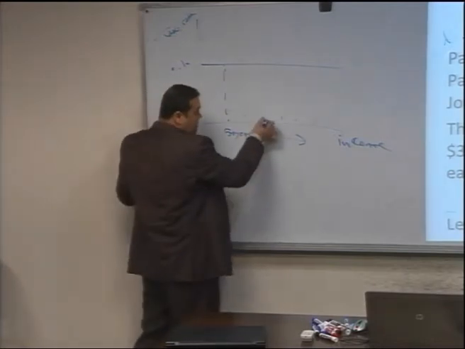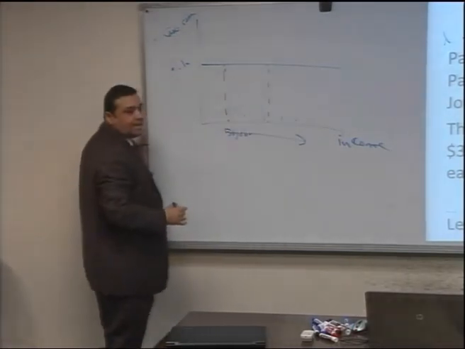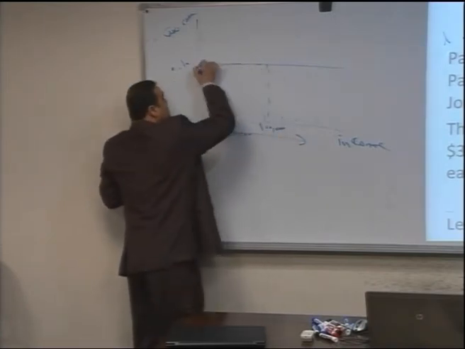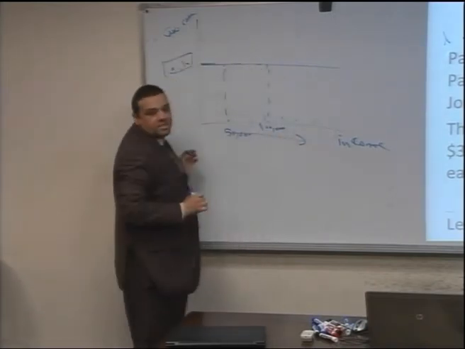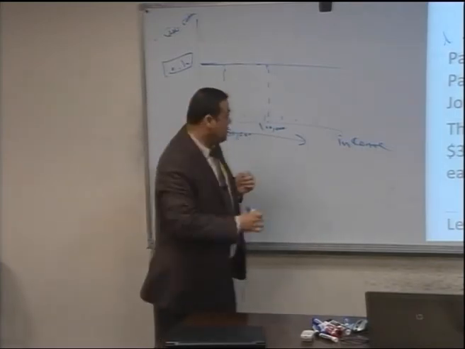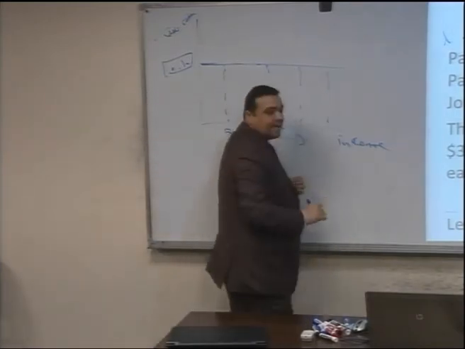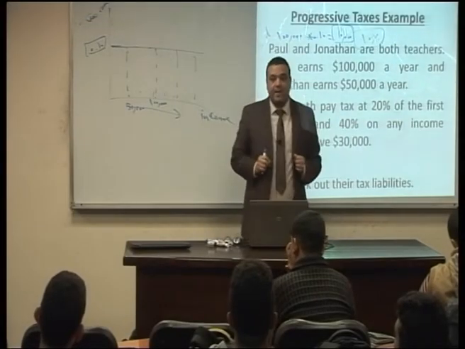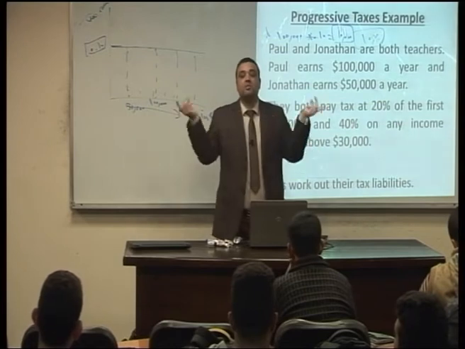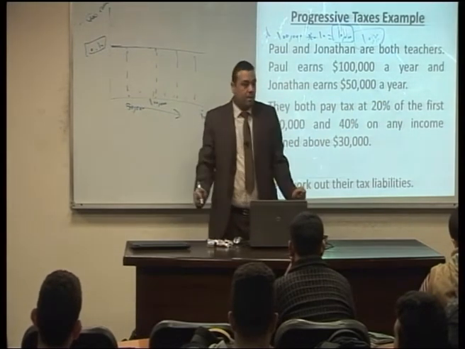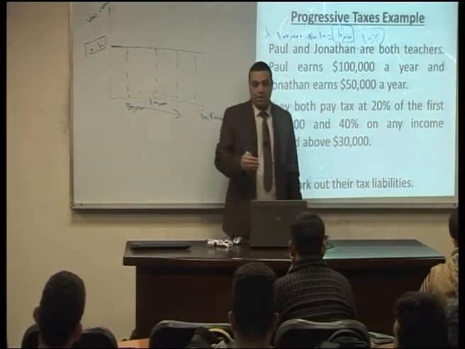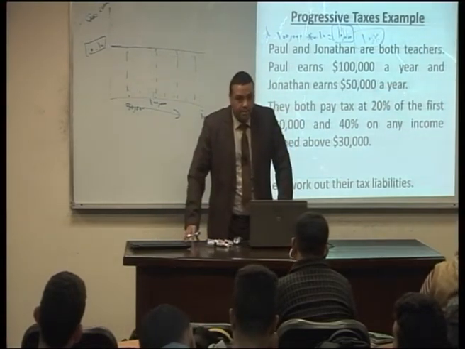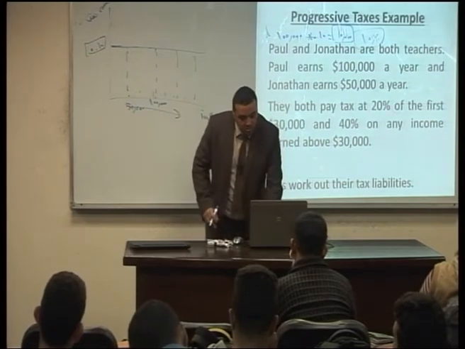And the person who received a salary of $100,000 has to pay 10%. There is no relationship between the income and the tax rate paid. So it also ignores the ability to pay principle here. Okay? Alright, let's go to something else.